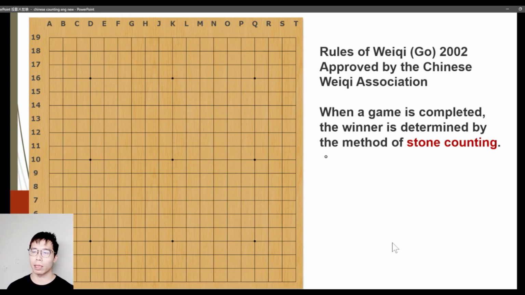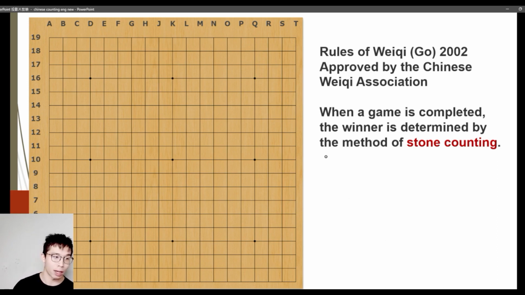Let's rewind a bit about Chinese counting. Firstly, according to the rules of weiqi 2002 approved by the Chinese Weiqi Association, that means the official translation, Chinese counting is also known as stone counting. I see some people have commented that the correct name for Chinese counting should be area counting, because stone counting would refer to a more classical way of Chinese counting.